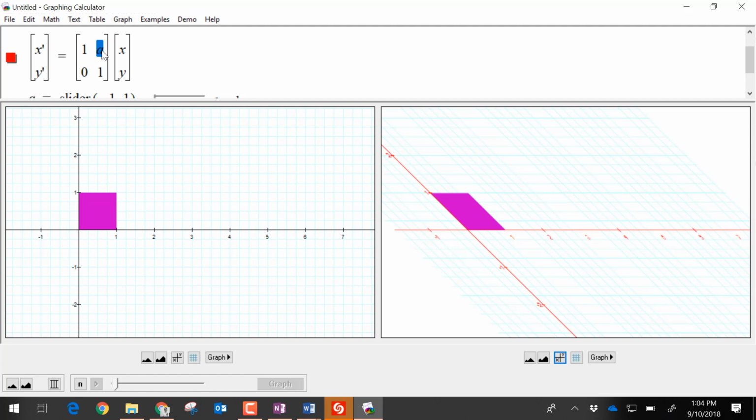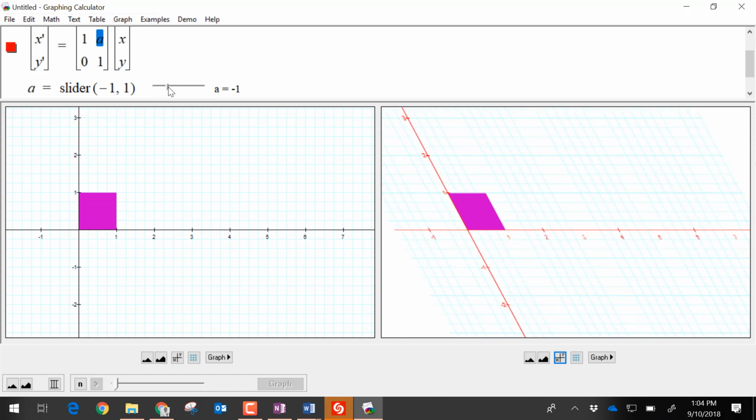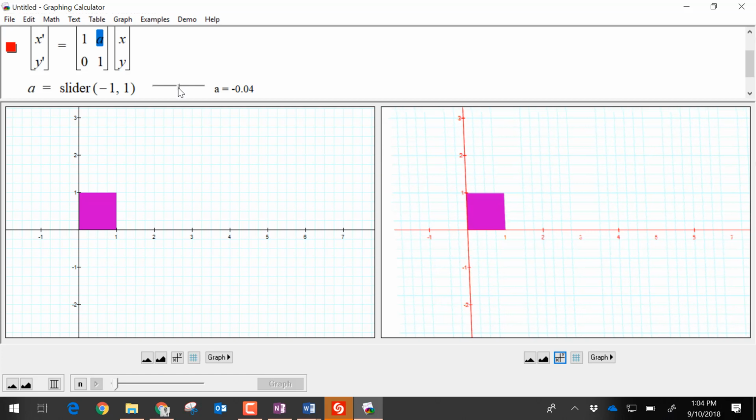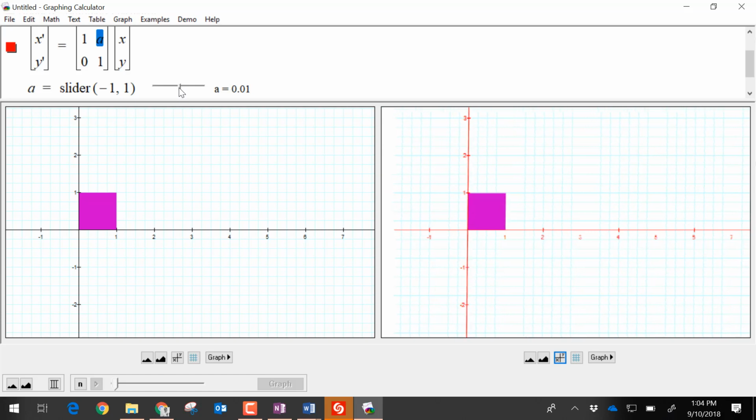In any case, one form of shearing is taking a look at this value a here and changing that value from 0 to another number. If a was equal to -1, the shearing is going to go towards the negative side of x. As we let a go from -1 to 0, we're back at the identity.